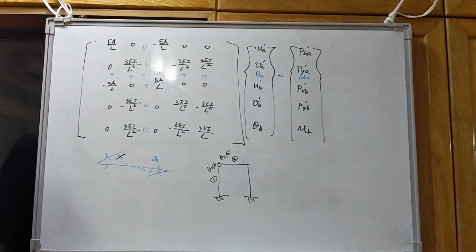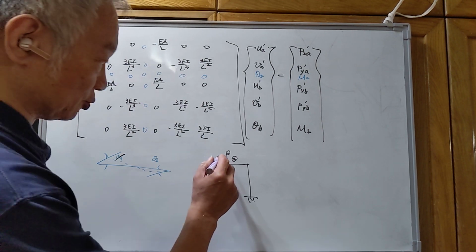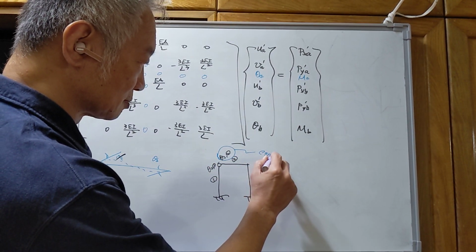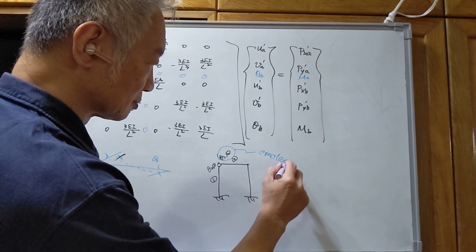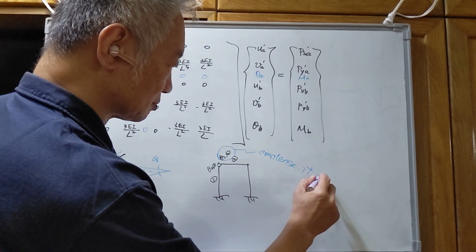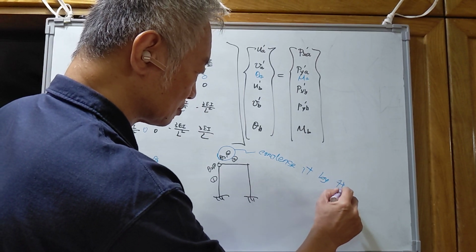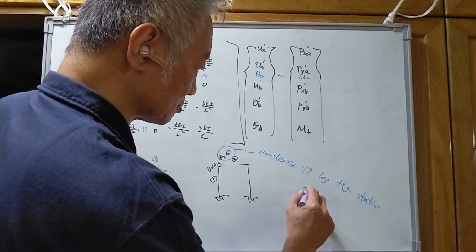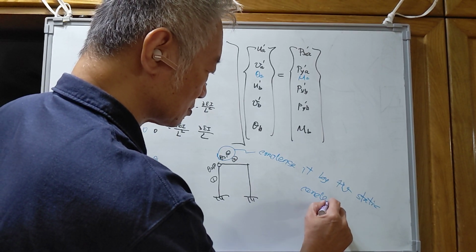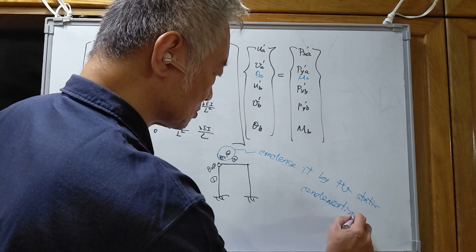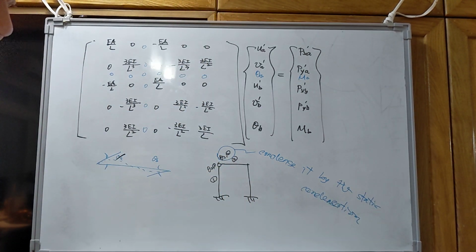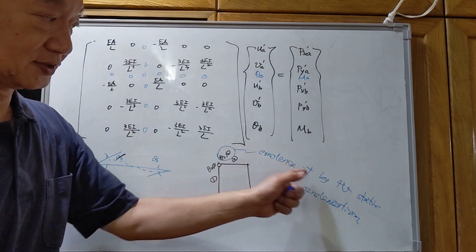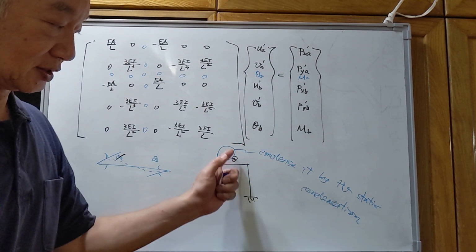For these two rotations, if we choose theta 2 to be eliminated, we can condense it by the static condensation.